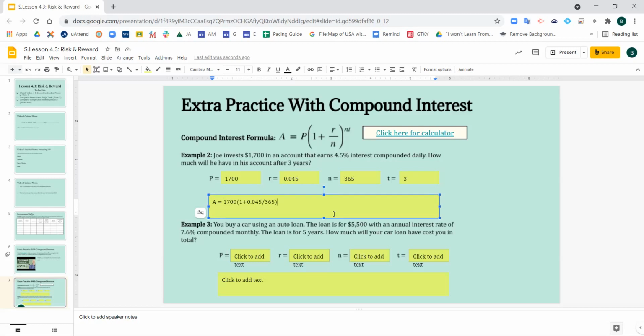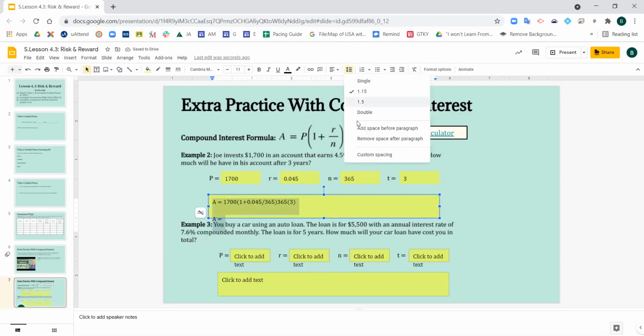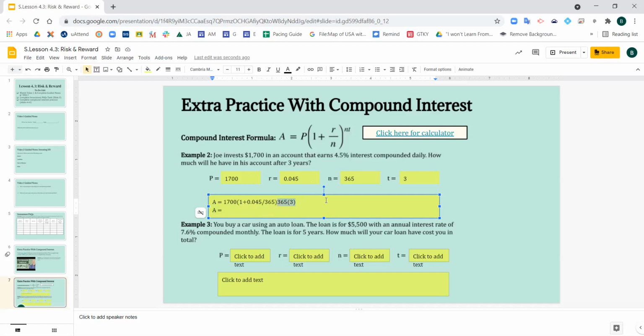And then that's going to be to the 365 times T, which is 3 power. To make this so that it is an exponent, you're just going to hit Control period on your keyboard. And I recommend setting up like the next few lines. But to get out of that, you just hit Control period again, and it'll make it normal.